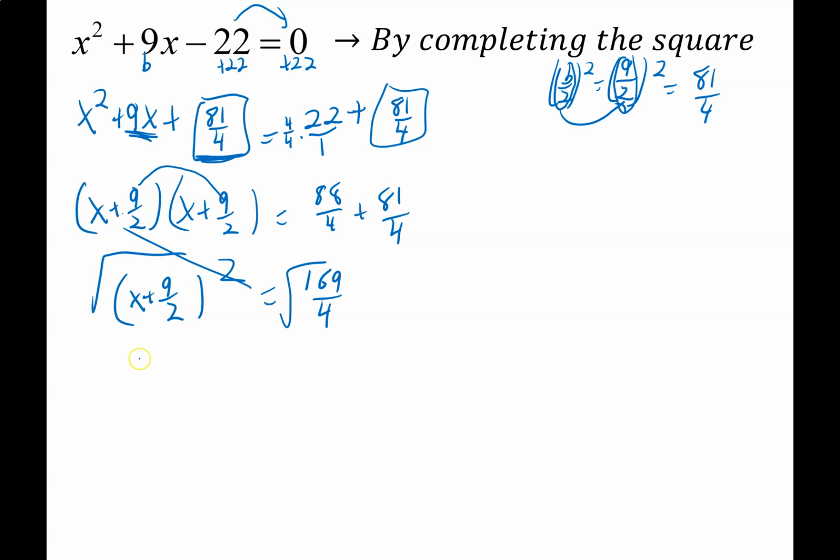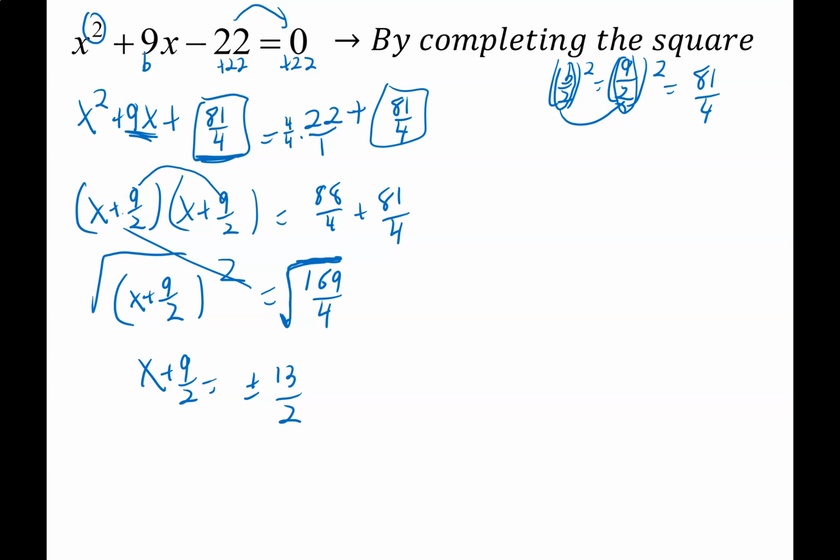We square root. Again, I'm looking for two answers, so although the square root of this is just 13 halves, and we'll talk about that in a minute, to get my two answers, I need to go plus minus. So why is the square root of 169 over 4 13 halves? Well, because if I take the square root of the top, 169, you can do it on a calculator if it makes you happy.